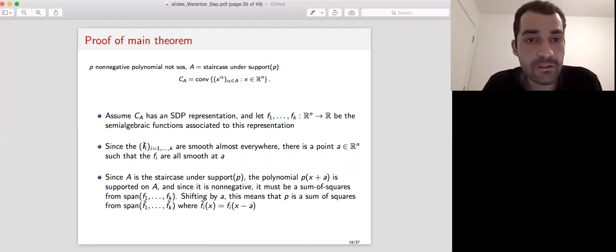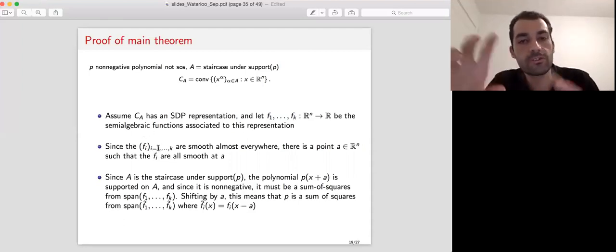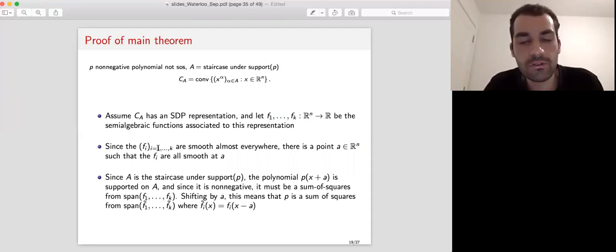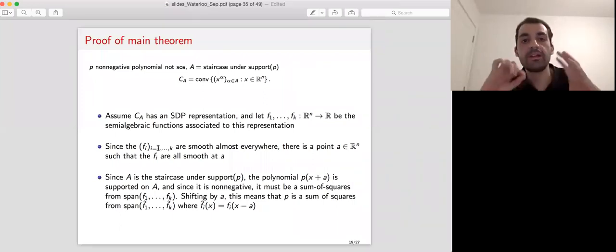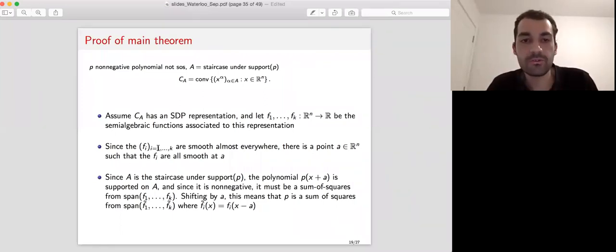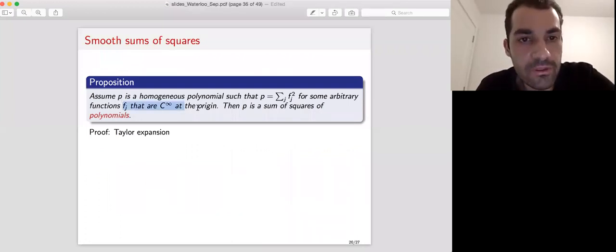Since the fi are smooth almost everywhere, and since I only have a finite number of such functions, I can assume, by translating everything, that these functions are smooth at the origin.